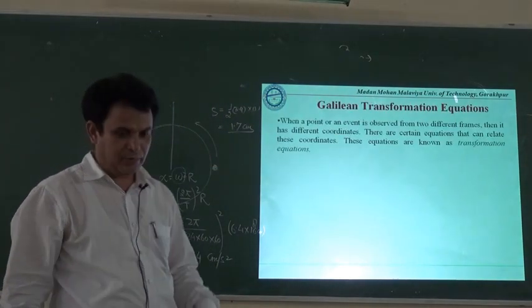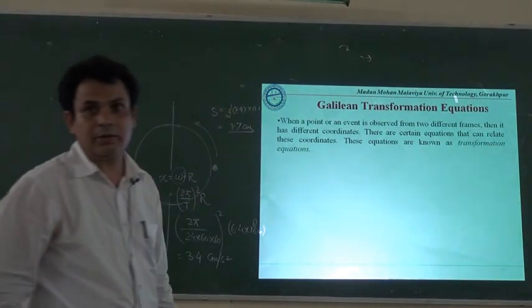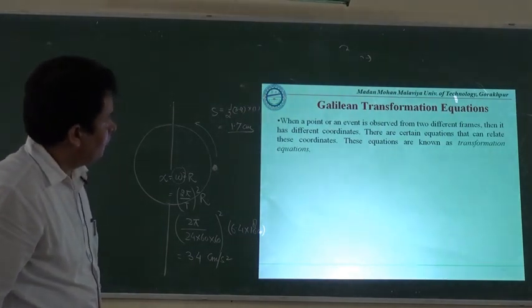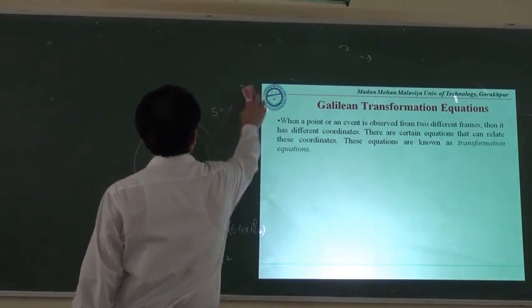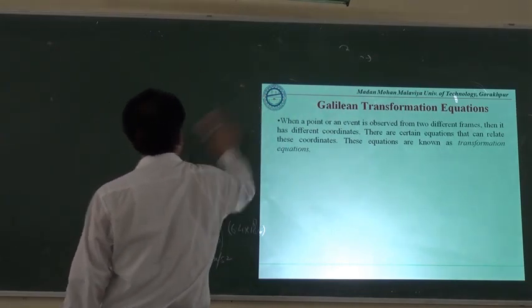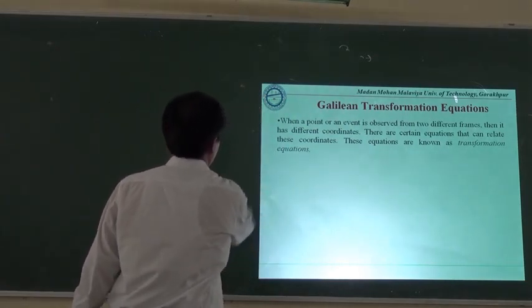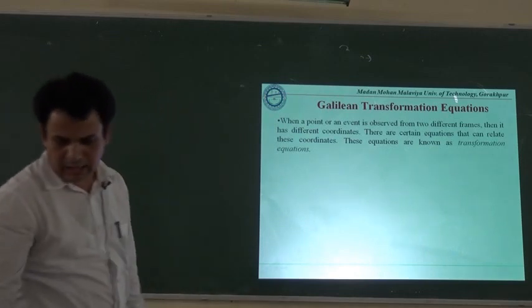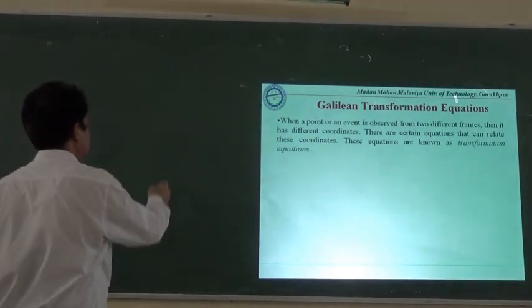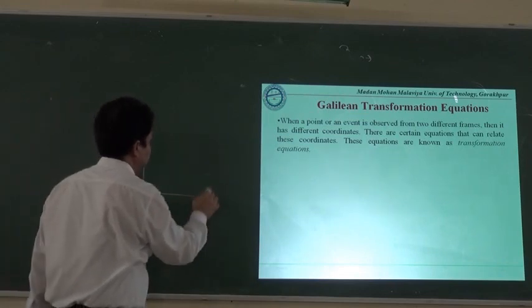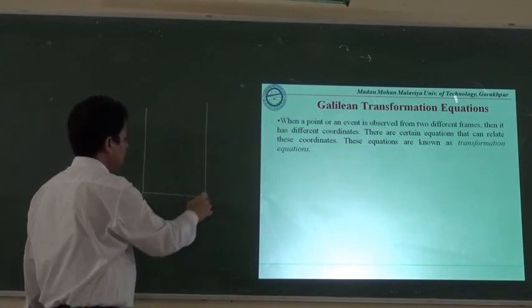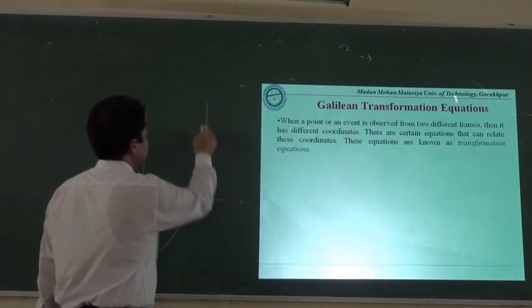Now, what is the Galilean transformation equation? Before discussing the Galilean transformation equation, let us see what the transformation equations are. The basic concept of the transformation equation is here. If we have these two references, these are two frames of reference.